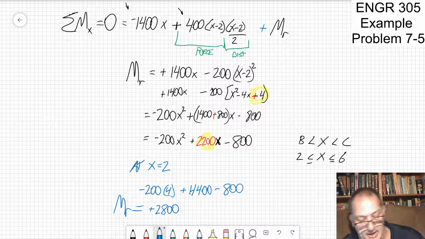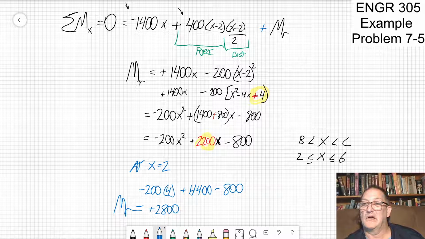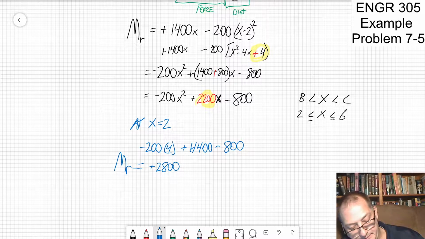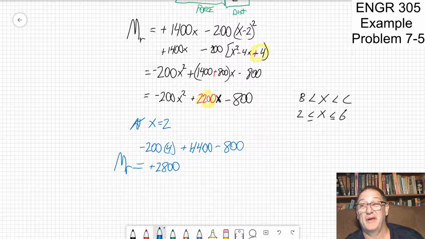Now, the bigger problem is I've got this funky curve going on. You see that? I've got a minus 200x squared, a plus 2200x. I've got a funny curve. So I really should evaluate it at 2 different points so that I know what this looks like.